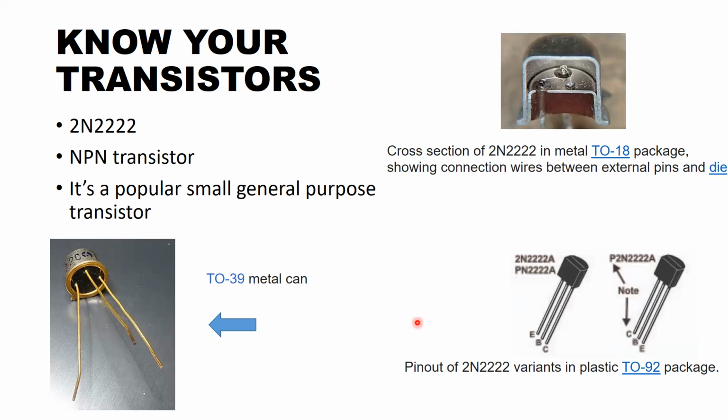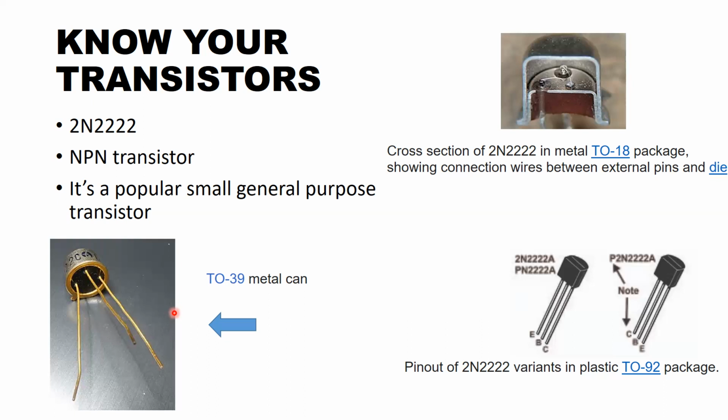It is designed for low to medium current, so the collector current is in the range of low to medium. It is low power and medium voltage. So voltage across the collector and the emitter junction is also in a medium range, and it can operate moderately at high speeds, hundreds of megahertz, something like that.